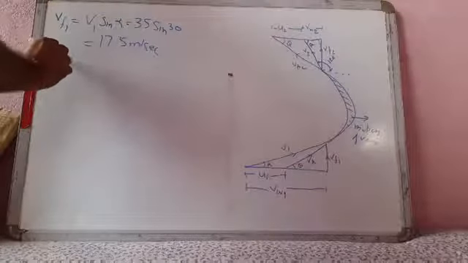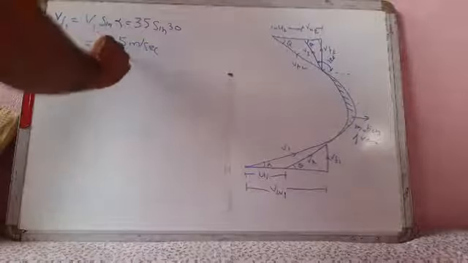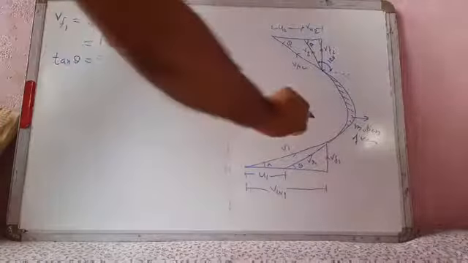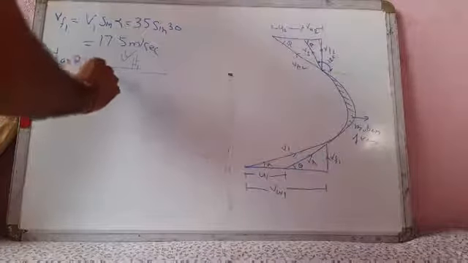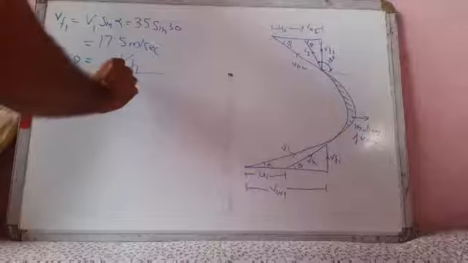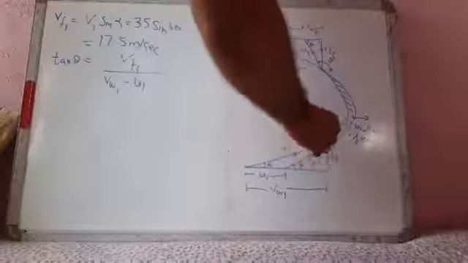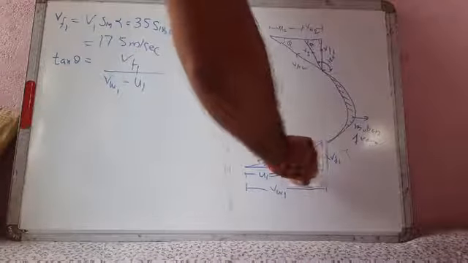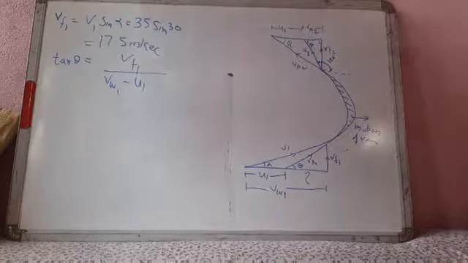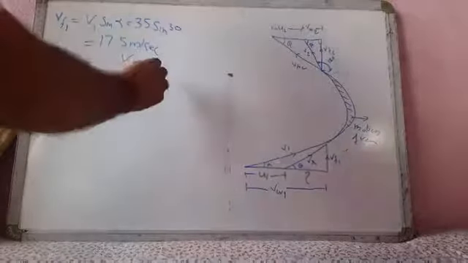Then theta. Tan theta equal to VF1 by VW1 minus U1. In this figure, tan theta equal to VF1 by this much, so this is VW1 minus U1, and we are having the values of all this.